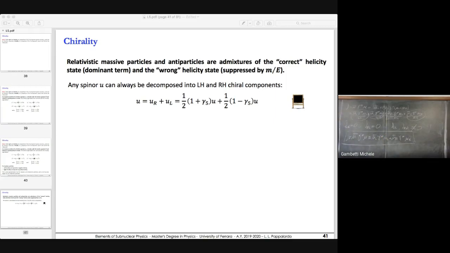And if you do the same exercise for the antiparticle spinors, you will find J is equal to v-bar gamma mu v. Also here only the pure terms will survive: v_L adjoint gamma mu v_L plus v_R adjoint gamma mu v_R.